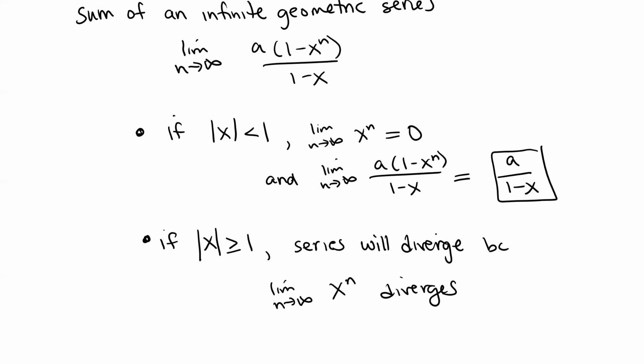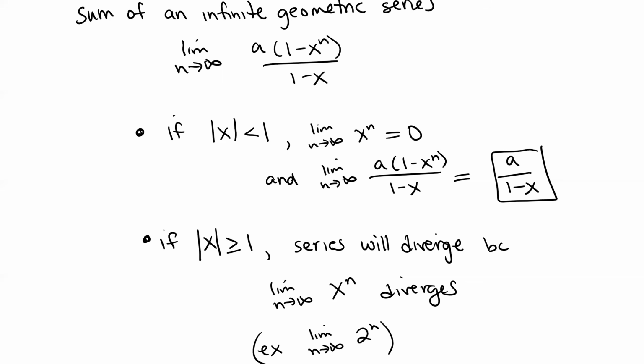So for example, if we think about the limit as n goes to infinity of 2 to the n, we know that this is going to shoot off to infinity. Okay, so if we have a geometric series and x is between -1 and 1 and is not equal to 1 and is not equal to -1, then here is our shortcut for our infinite geometric series.